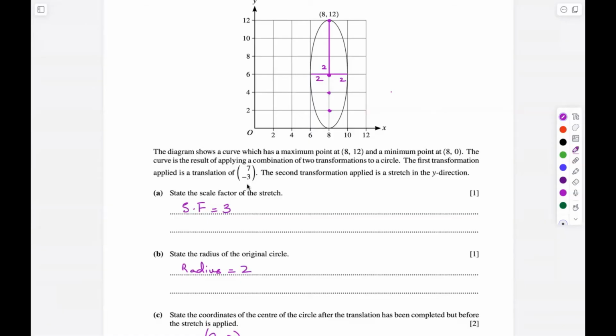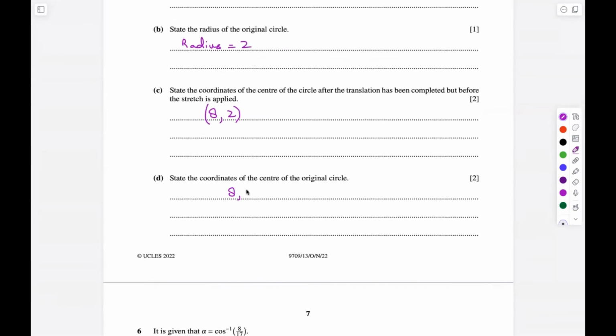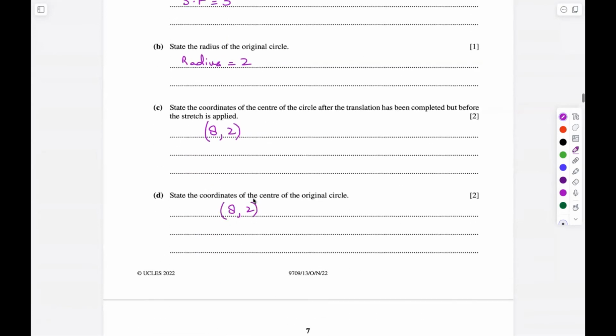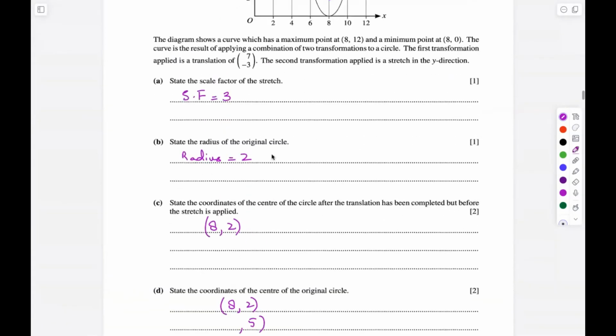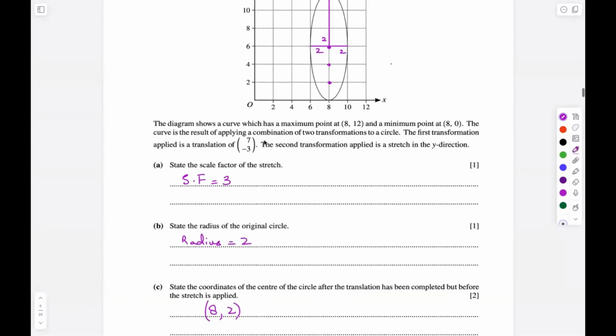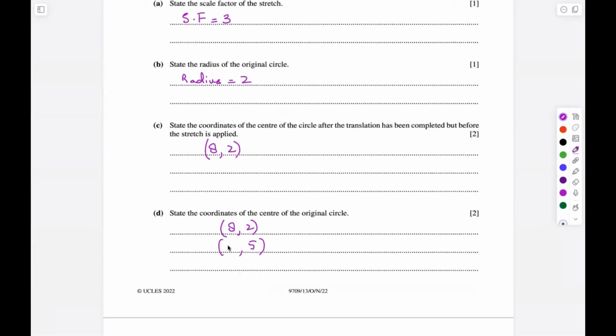So if this is 8 and 2 up here, taking it 3 units upwards, that will become a 5. And as it was taken 7 units to the right, taking it 7 units to the left, so 8 minus 7 will be 1. So this will be the coordinates of the center of the original circle.